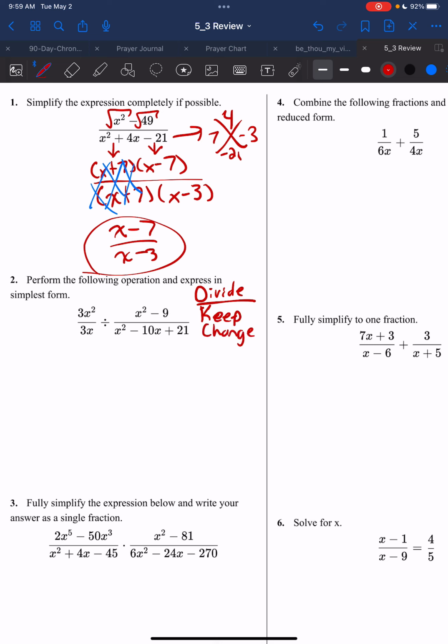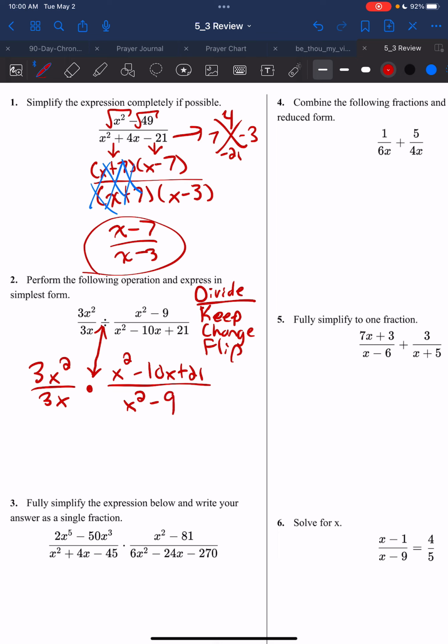So you're going to keep the first one, 3x squared over 3x. You're going to change the division to multiplication, and you're going to flip the second fraction. Just switch the numerators and denominators, over x squared plus 9.